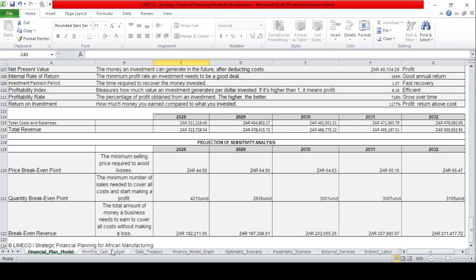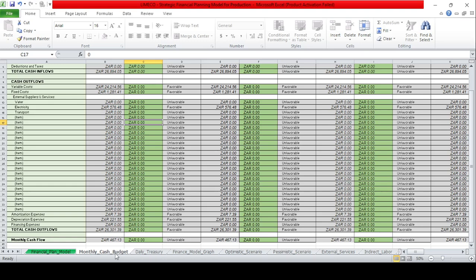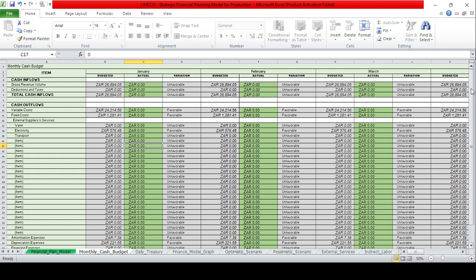Now we will talk about the financial control. So we have here the budget control. This is to control between the budgeted items like gross revenue volume and the actual performance.